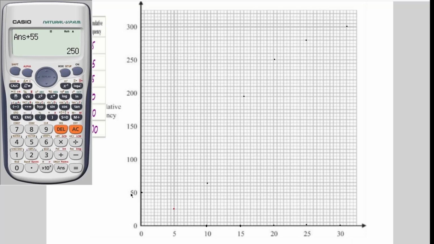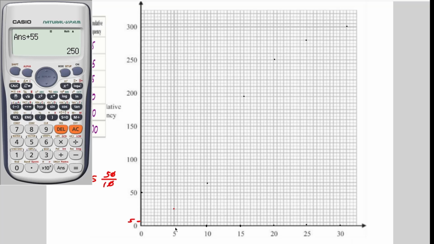If it's difficult for you to read, get the scale. From here to here you have 50 units, 50 units all the way. How many squares are there? 10 squares. So 1 square represents 5 units.